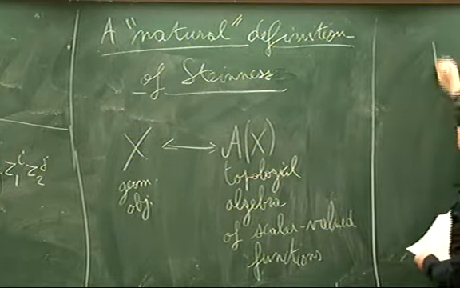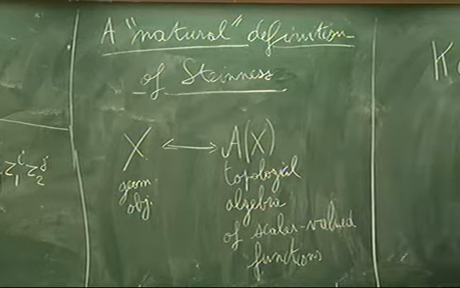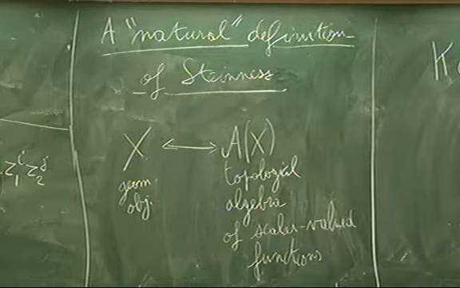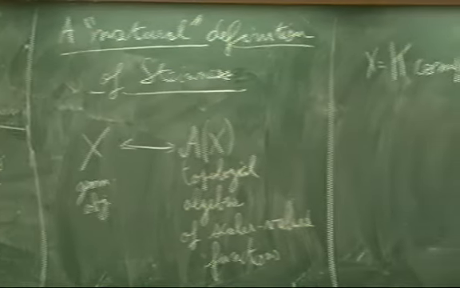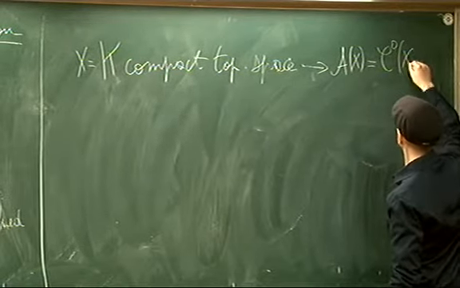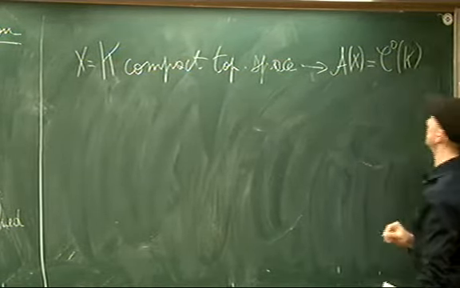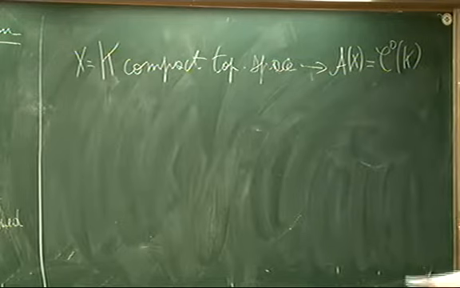So for example, if K is a compact topological space, then we associate the algebra A of X, in the case where I take X to be K, and A of X will be C^0 of K. This is the algebra of continuous functions on a compact topological space.